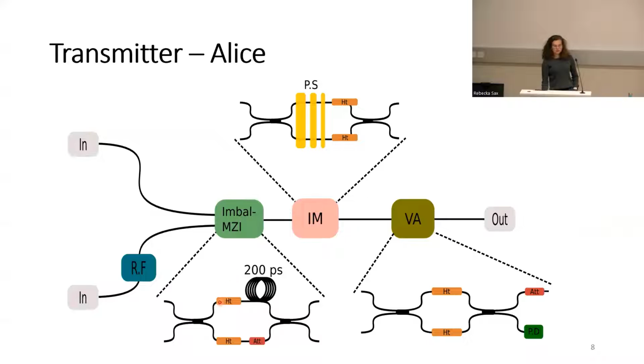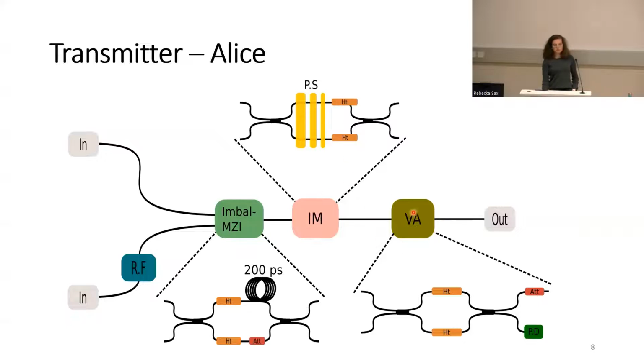Here we have heaters in each arm with which we can change the phase, and even an attenuator in the short arm to simulate the losses of the longer arm. Pulses then pass through an intensity modulator where our states will be encoded, here through 3 different sized phase shifters. In order to produce the full combination of the 6 states that we want, we also have heaters in both of the arms here.